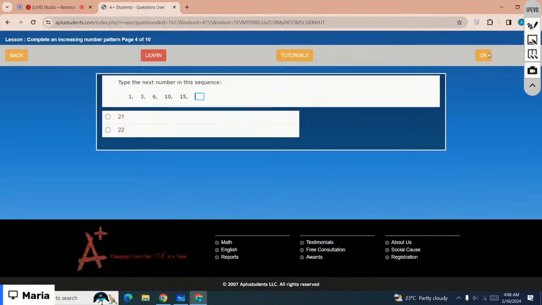The next one is 21. The correct option is 21 because 10 plus 5 is 15, so 15 plus 6 is 21. Option number 1 is the correct option.